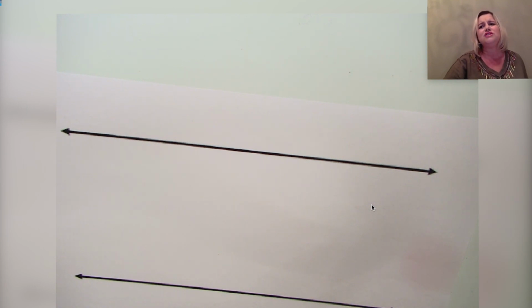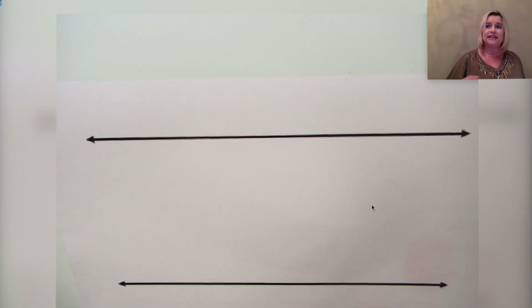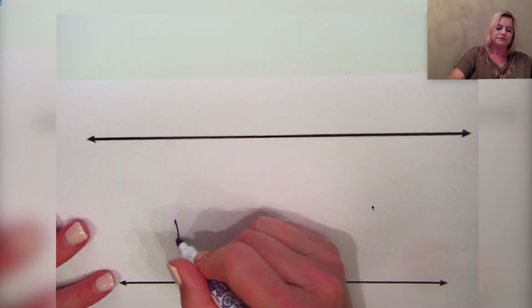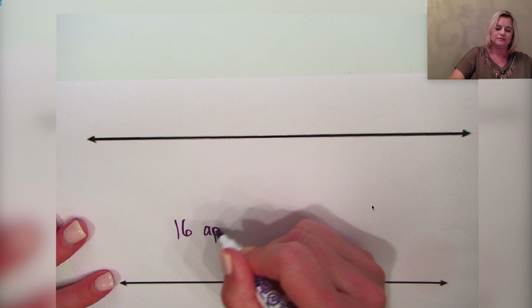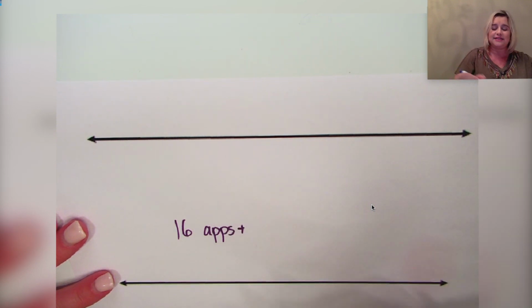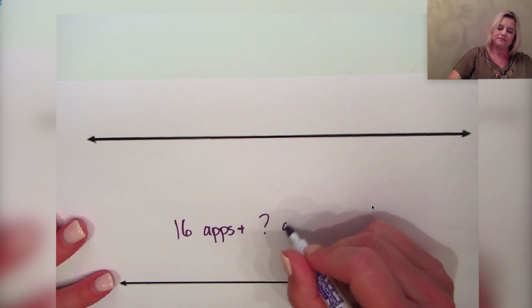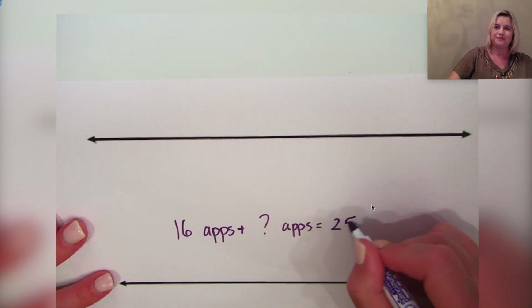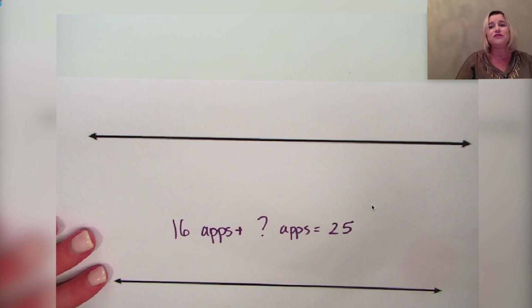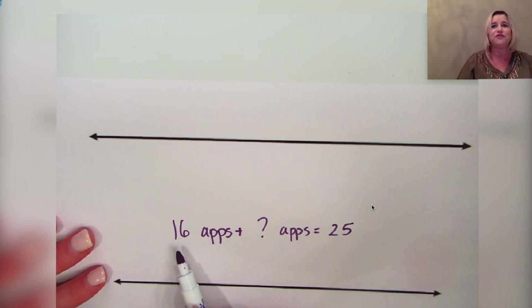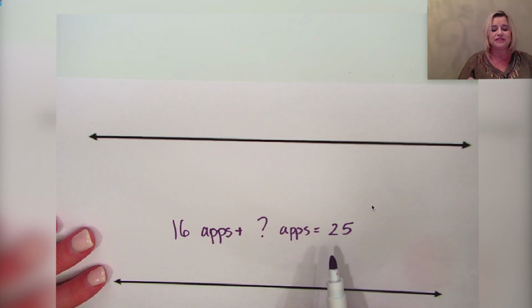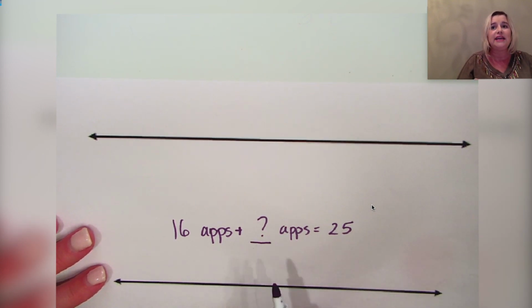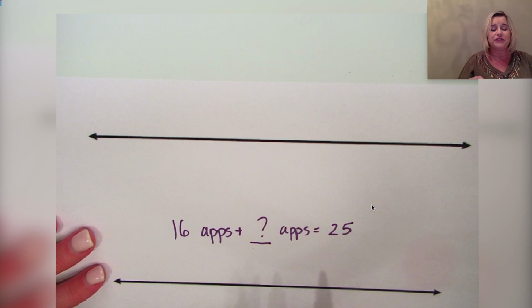We're trying to answer the question 16 apps plus blank equals 25. So when TT left for school, she had 16 apps on her phone. At bedtime, TT had 25 apps. So we're trying to see how many she downloaded during the day.